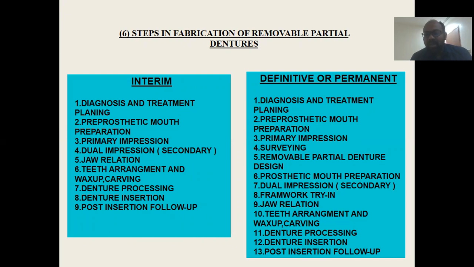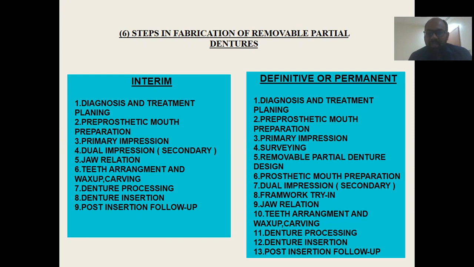So you could understand by this that more steps or more procedures are involved in fabricating a definitive or permanent prosthesis. Hence it has an impact on the longevity as well. It is better designed in terms of controlling forces, in terms of convenience, in terms of mastication, in terms of chewing efficiency. So it serves to be a better kind of prosthesis.